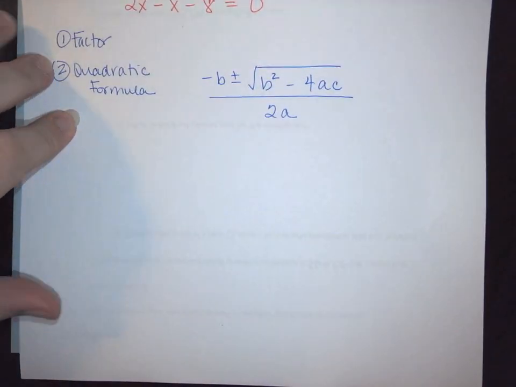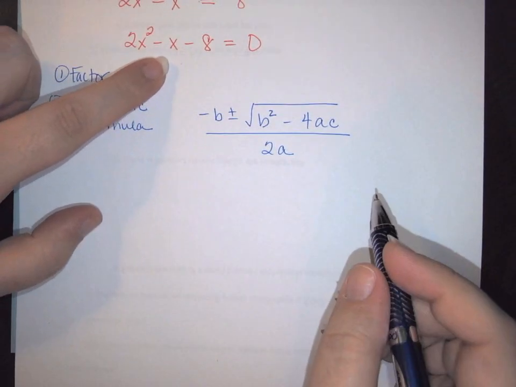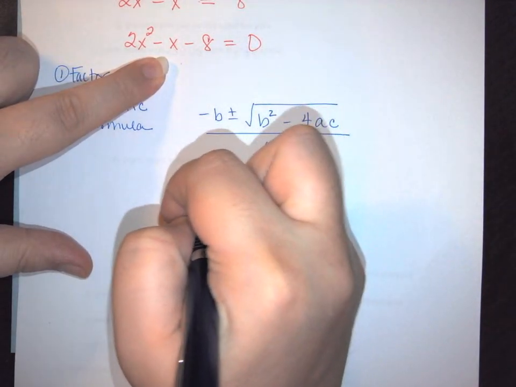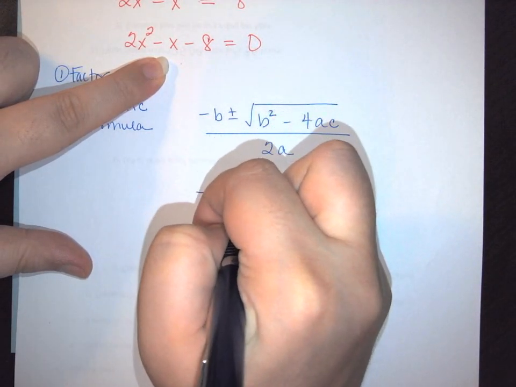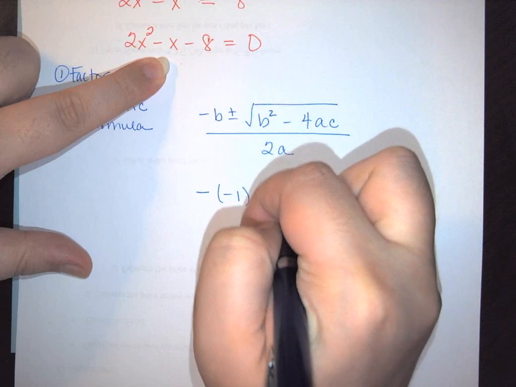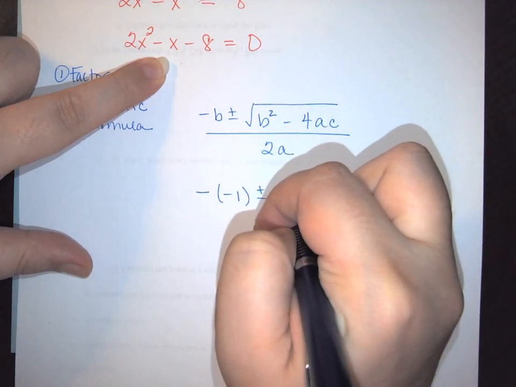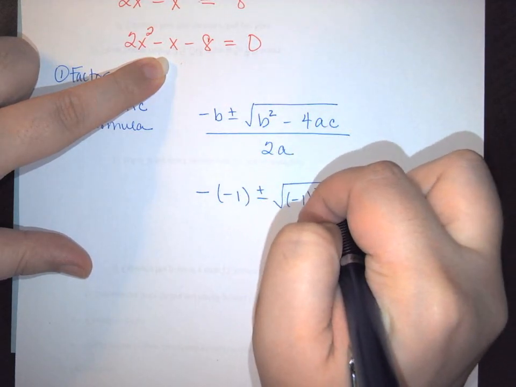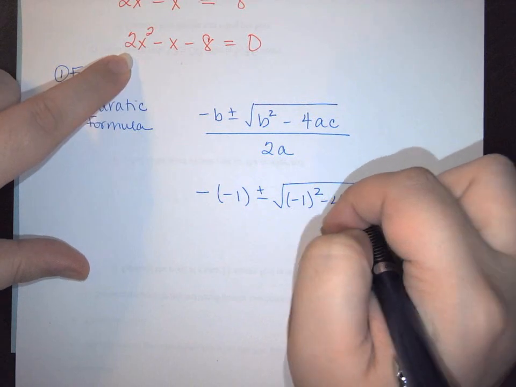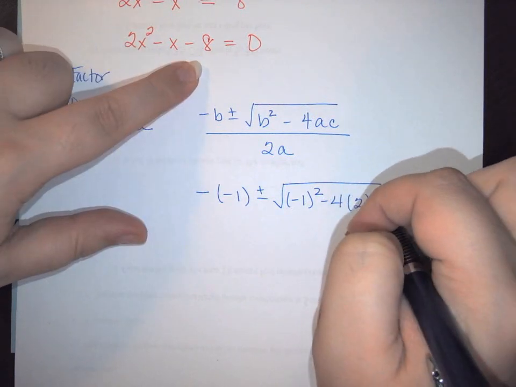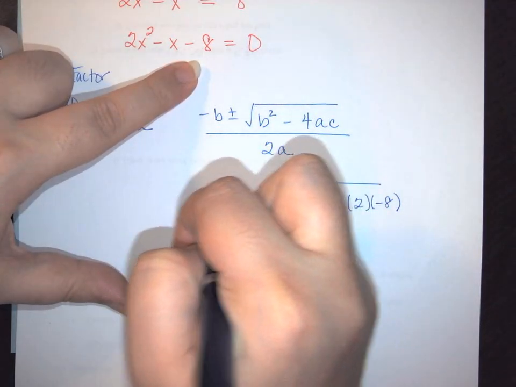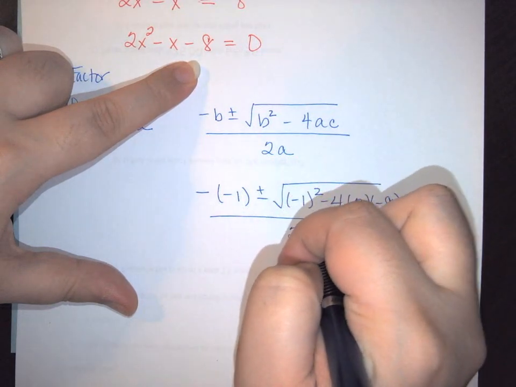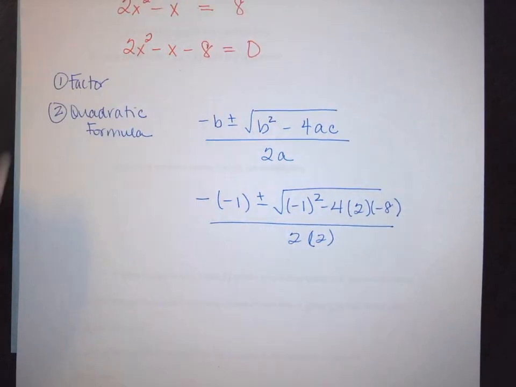So here, my b is negative 1, so this is the negative of my negative 1, plus or minus the square root of negative 1 squared minus 4. My a is 2 and my c is negative 8, all over 2 times 2.